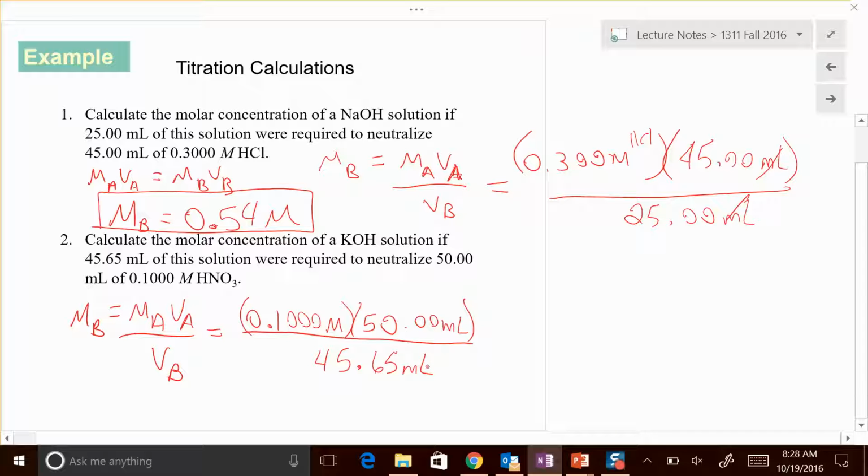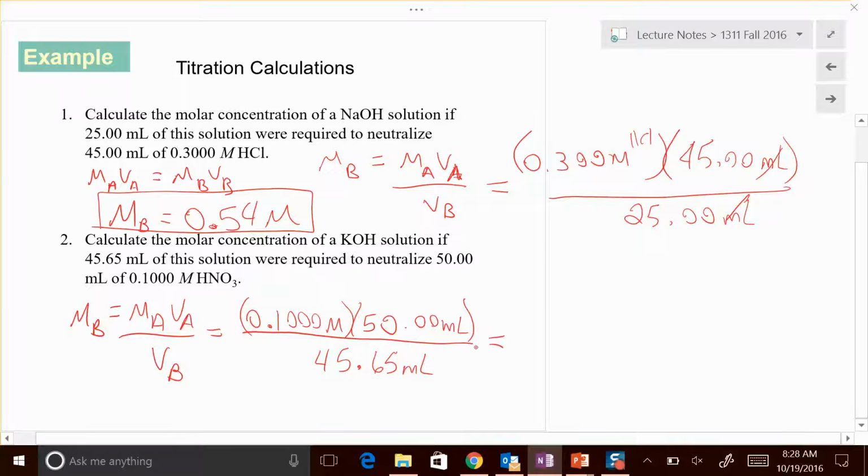Okay, so is this what you guys were doing? Same equation, it's almost the same question. The molarity of the acid times the volume of the acid divided by the volume of the base will give you the molarity of the base.